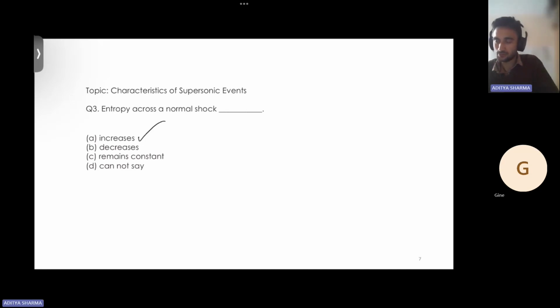So if we do some numericals based on that, we can easily figure out that there is entropy increase in the flow across a normal shock. All right. So obviously there is also internal energy increase in flow across a normal shock.